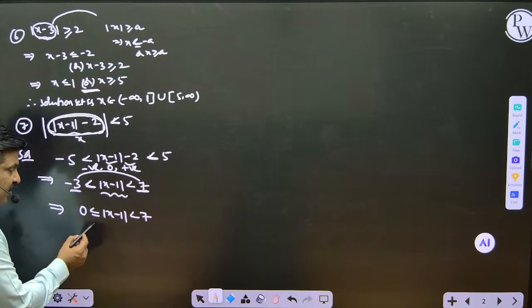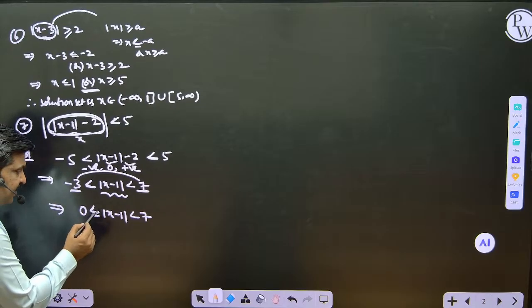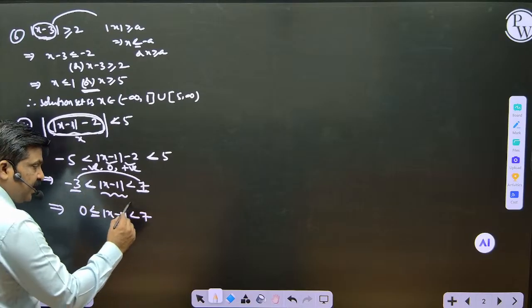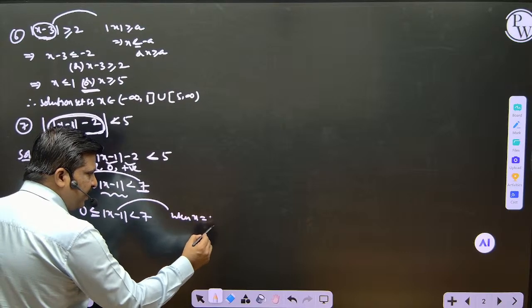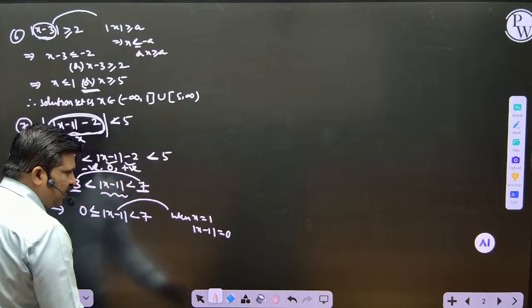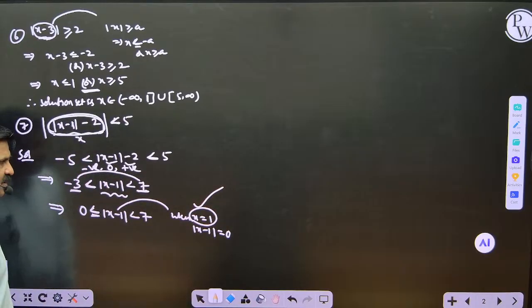But here the 0 equality is there, so 0 also should be considered. It is 0 when x is equal to 1, since modulus of x minus 1 is 0. So x is equal to 1 also should be considered.